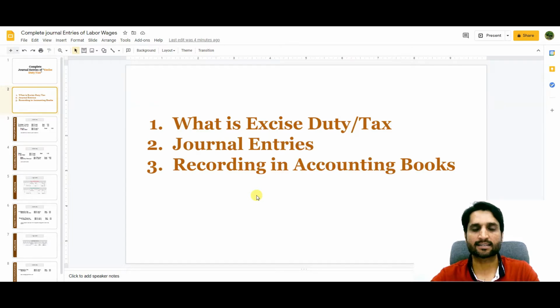The excise tax is a tax which is liable on some specific goods like fuel, diesel, air tickets, tobacco, alcohol. The government authorities decide on what type of goods we need to collect the excise duty or tax. Usually excise duty or tax is paid by businesses like wholesalers, producers, manufacturers.